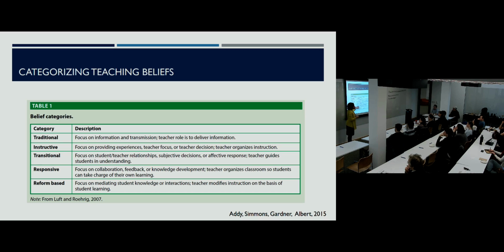Responsive is focusing on getting our students to work together in teams and thinking about how they can take ownership of their learning, but we're not as far as reform-based. This is a category that not many people fall in, as you can imagine, focusing on mediating student knowledge and interaction. The teacher will change their instruction based upon the response and the feedback that they get from the students, and the whole classroom environment is set up in that fashion.